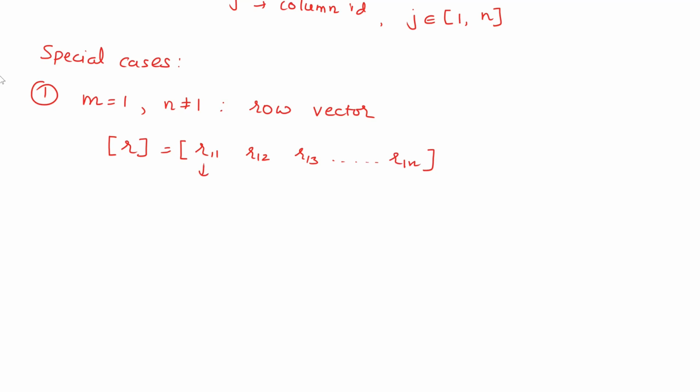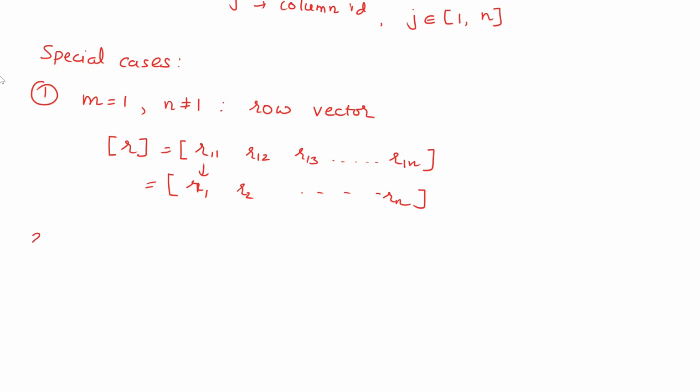Since it is redundant to write 1 every time, instead of writing R11, we write R1, R2, and Rn. So whenever we see a vector which is in a row form and has only one index, we can say that that is a row vector.